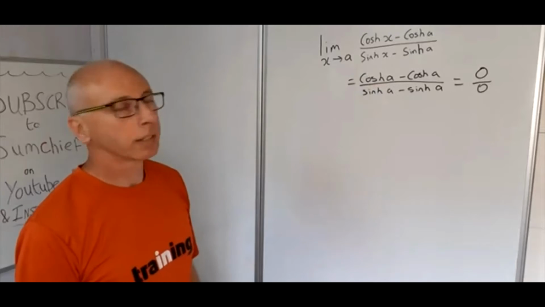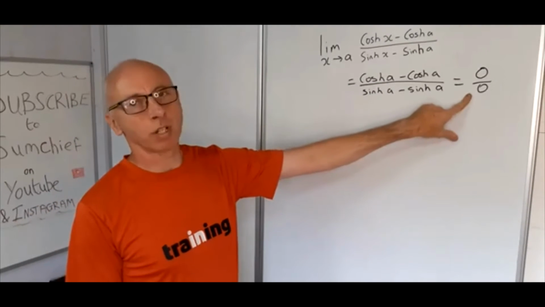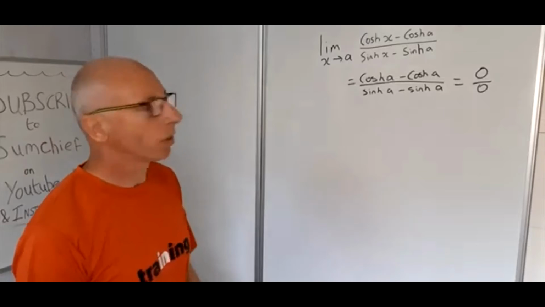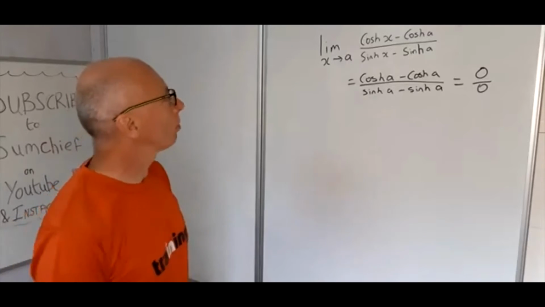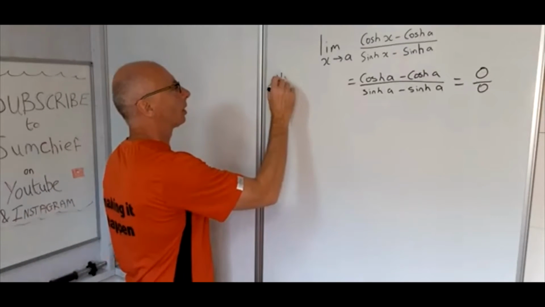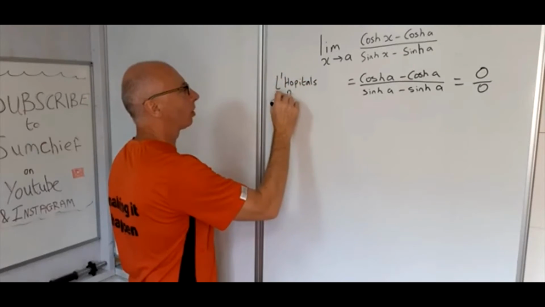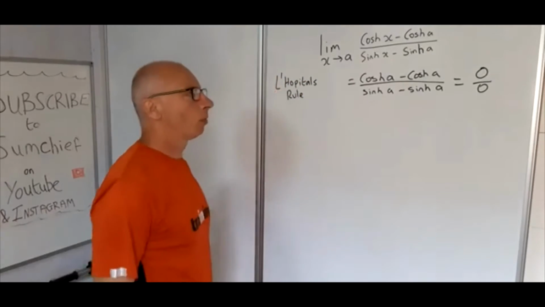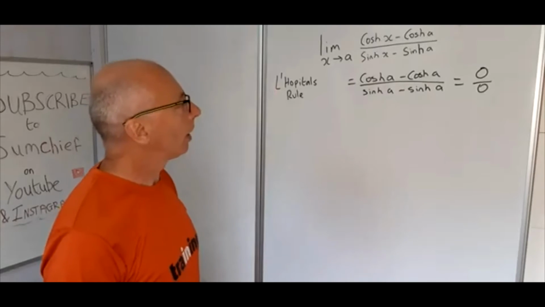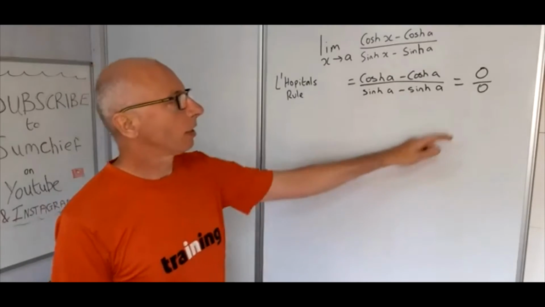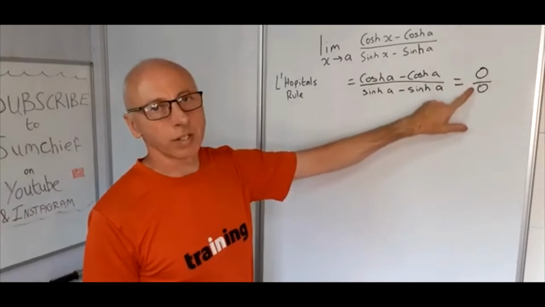So how do we do that? Well, when we've got a 0 over 0 situation, that's one of the rules met for using L'Hopital's rule. So let's just write that here, L'Hopital's rule. And what L'Hopital's rule requires is that, first of all, you can get a 0 over 0.